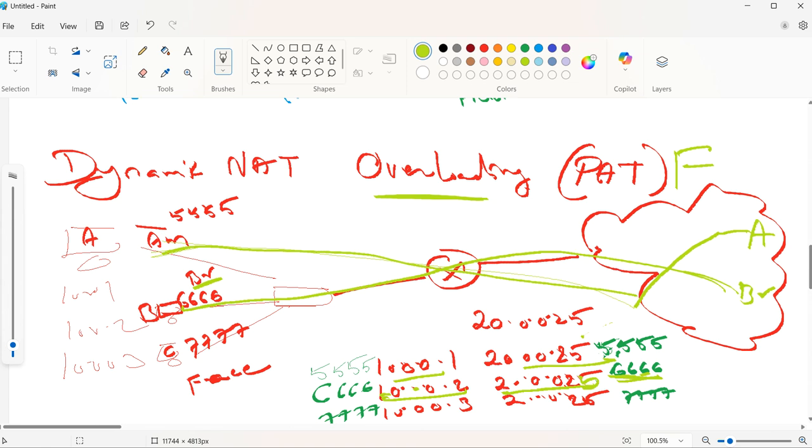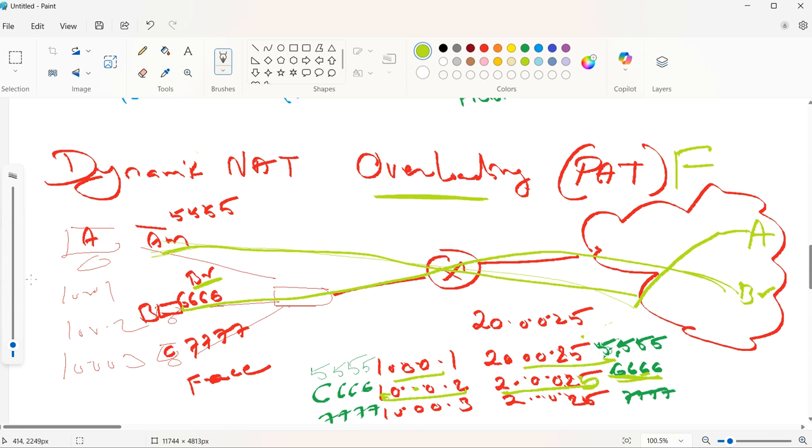But if I have 1 million computers, then I need to buy two addresses, put them in the pool and use it as dynamic NAT overloading. After those 65,000 translations, it will start using the second address. That will happen automatically. So you need only one IP address, that's what I want to say. One IP address is enough for any number of inside devices to go online.